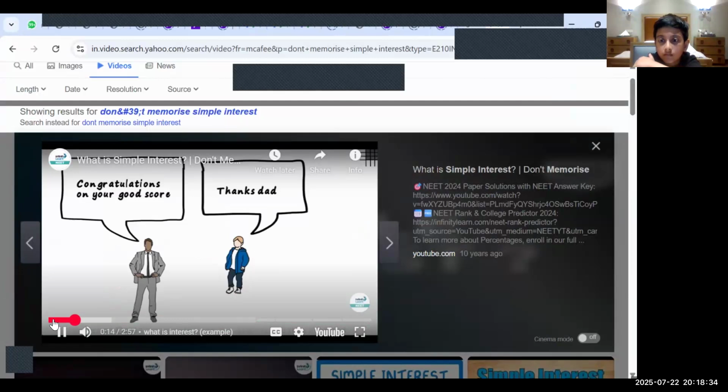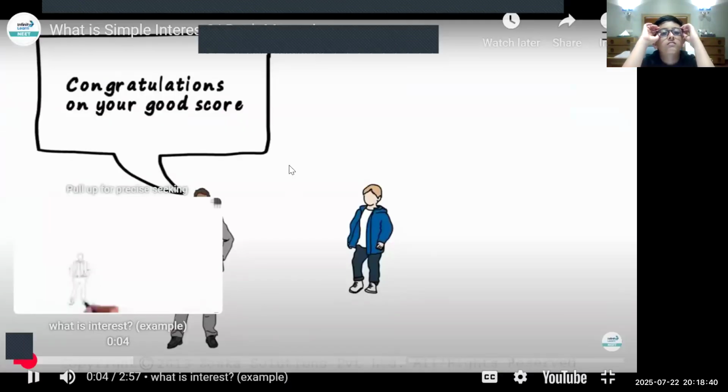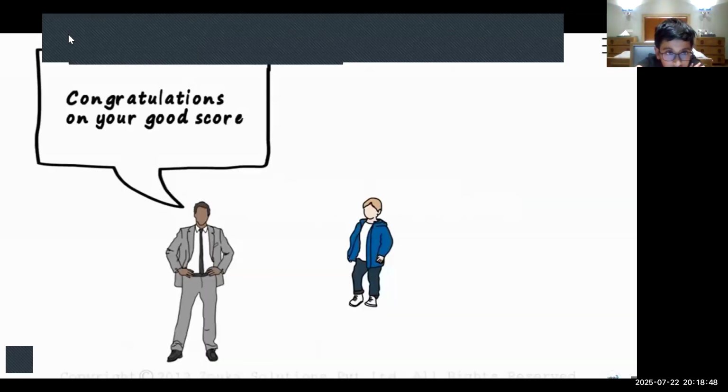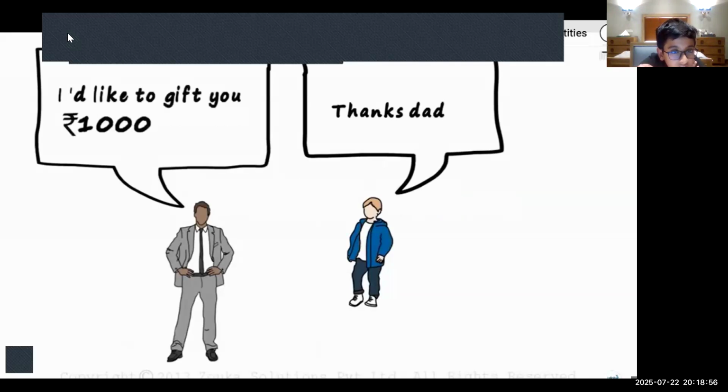Says yes and tells Gaurav. So Gaurav's dad congratulates him on his good score in mathematics. So Gaurav's dad congratulates him on his good score in mathematics. Gaurav thanks his dad and, of course, asks for a gift in return. His dad willingly says yes and tells Gaurav that he will be getting a gift of 1,000 rupees.